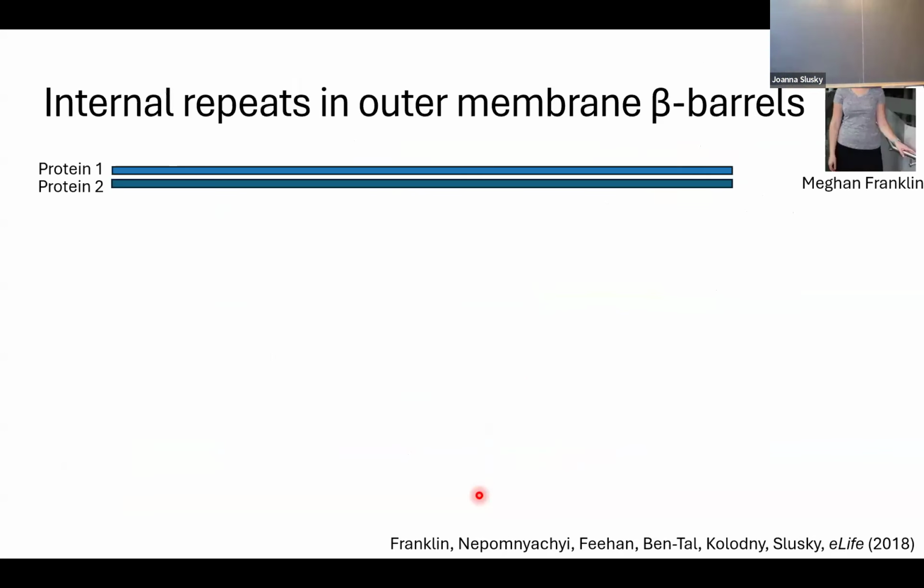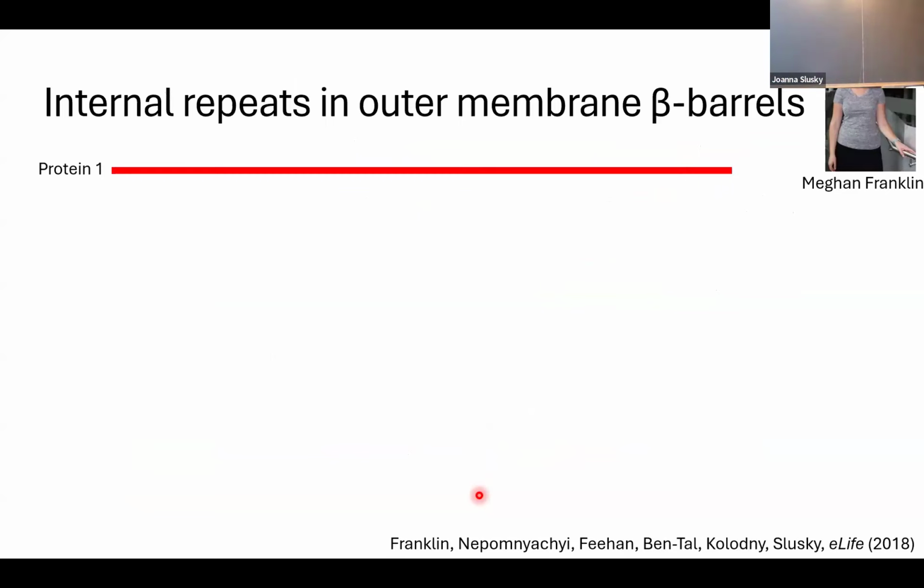We do know that these copy and pasting duplication efforts occur, and there are lots of ways to see it. One way is with protein alignments. Oftentimes you think about an alignment between protein 1 and protein 2, but you can also do an alignment between protein 1 and itself. When you do that, it's an indication that some sort of duplication event happened.